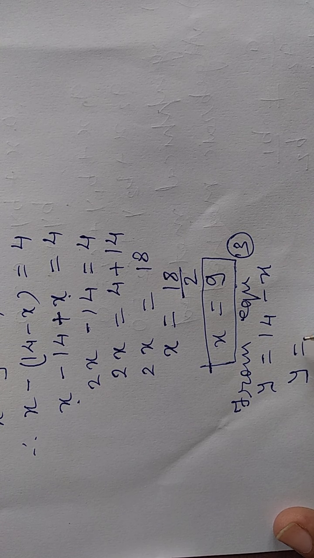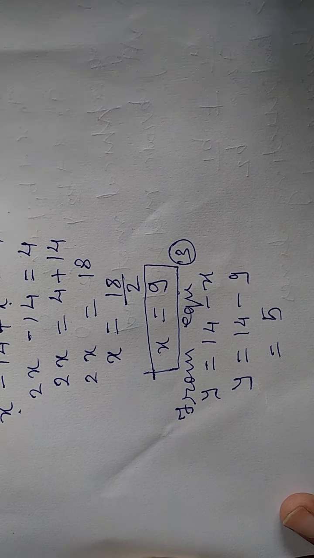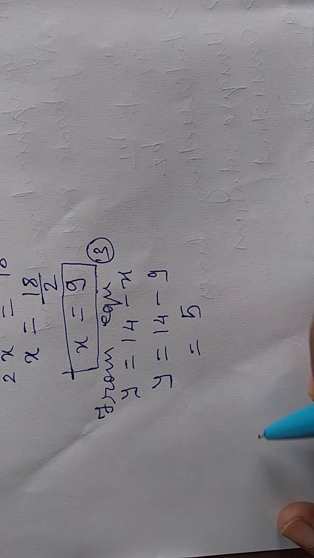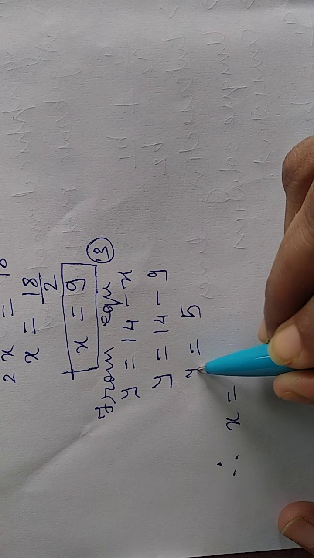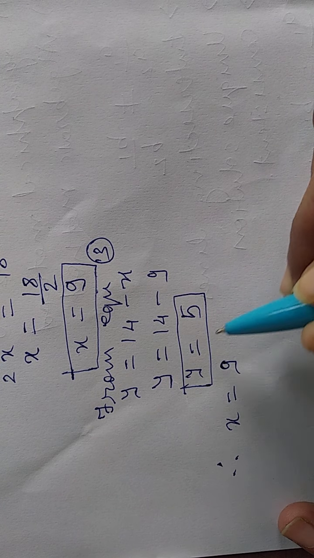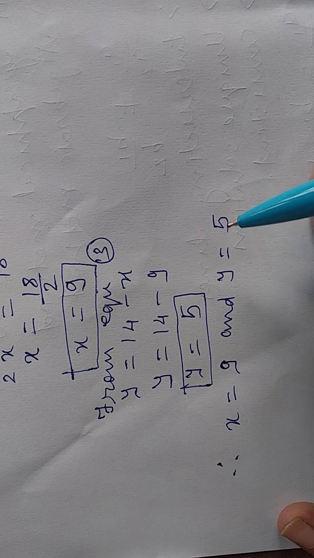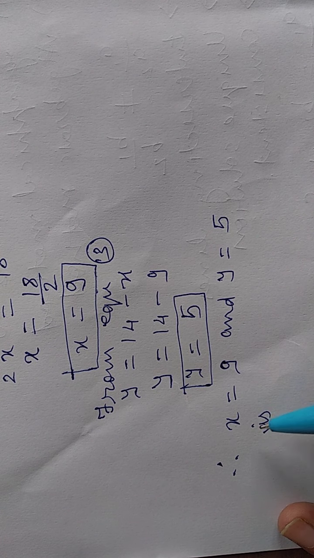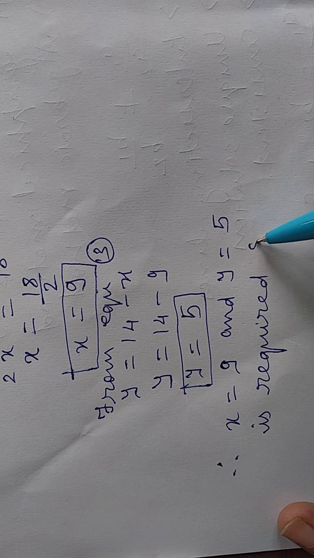So y is equal to 14 minus 9, that is 5. Therefore, we write x is equal to 9 and y is equal to 5 is the required solution.